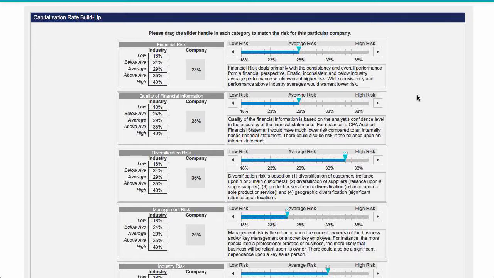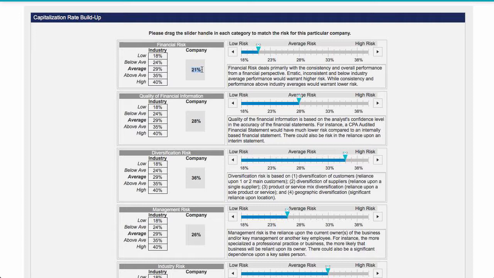The neat thing in this section is you can simply glide and move the arrow to the low risk and high risk section. So as you move to high risk, the cap rate goes up. So if you can see, it says 38% here. If we put it at a lower risk, it's going to bump it down to 21%.